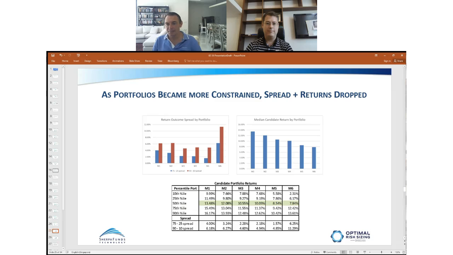So M6, the one which has the you must be, if you're in, you've got to be really in, therefore you have fewer stocks, so you expect a broader spread or less diversification. The median, well, I'm not sure the median really has much meaning because it isn't an even distribution. You're as likely to be here as you are here, as you are here. And therefore your actual lived experience becomes a bit of a roll of the dice.